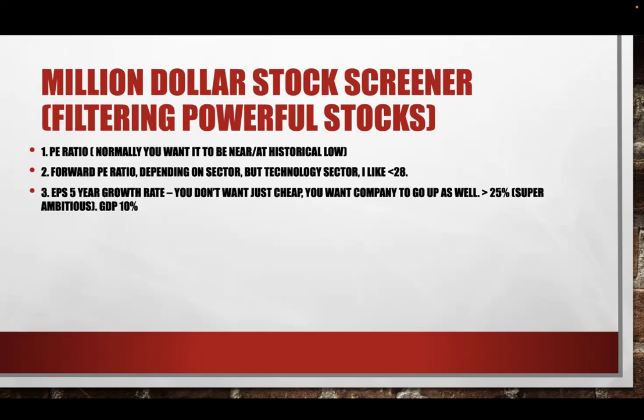But in this situation, I'm a bit ambitious. I want things to be more than 25% growth rate. I say this is ambitious because GDP, the gross domestic product of a country, normally grows at around 10%. So if you grow 25% over 5 years, that's a very, very high growth rate.